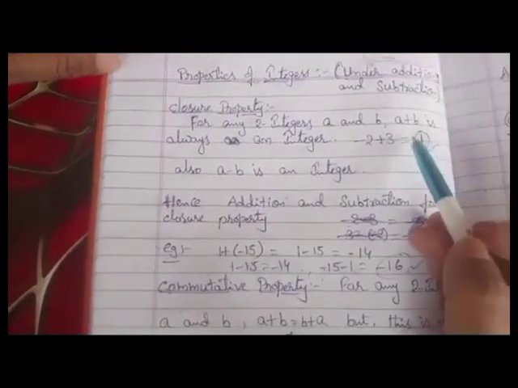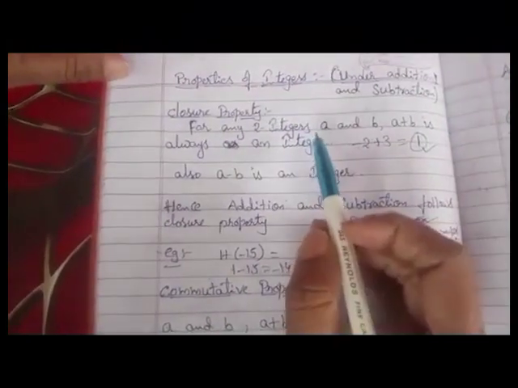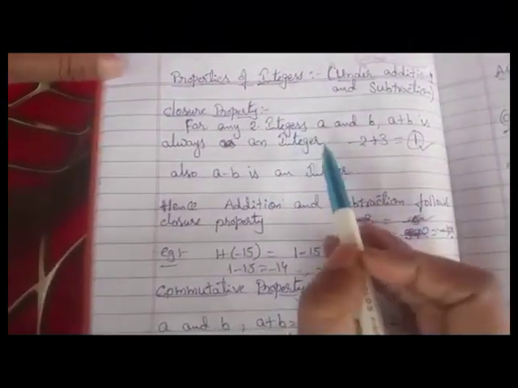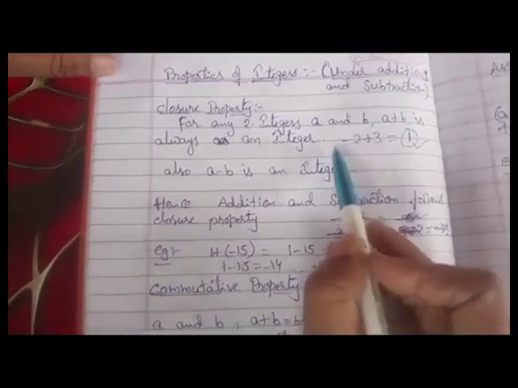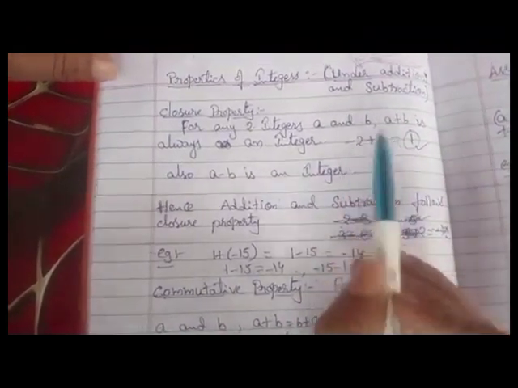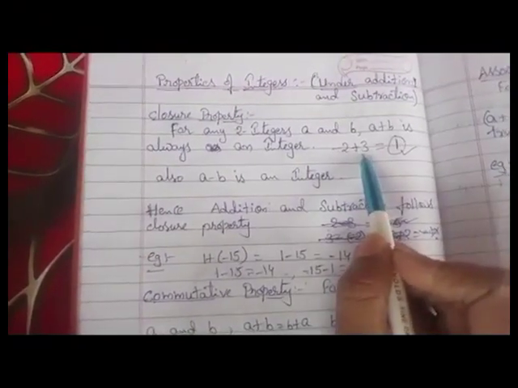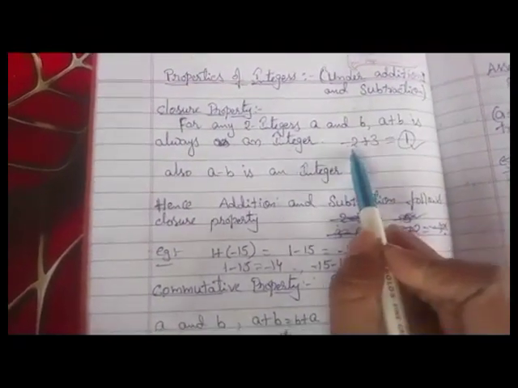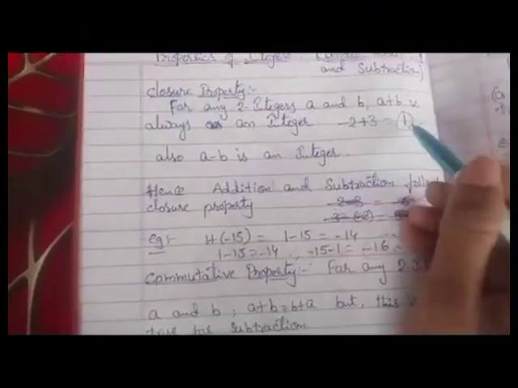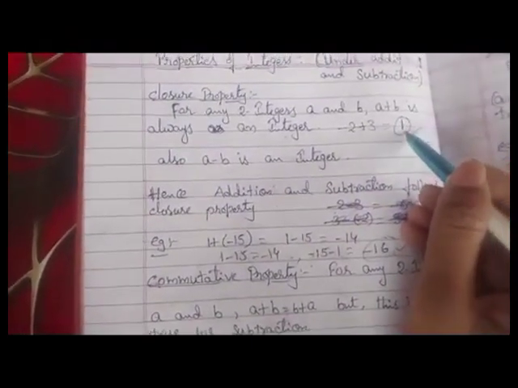What is the closure property? When we consider two integers under addition, their sum is also an integer. For example, -2 is an integer and +3 is also an integer. When we add the two numbers, we get 1. 1 is again an integer.